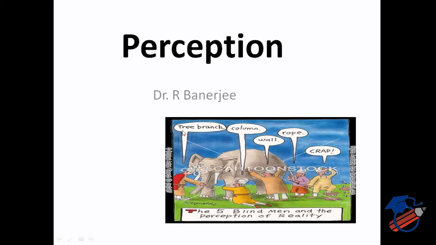So, perception. I have attached one picture on the screen, and this picture can give you a rough idea what perception is. Five blind people are touching an elephant and they are describing the parts of the elephant as tree branch, column, wall or rope. So this is actually perception. This is not the true thing.